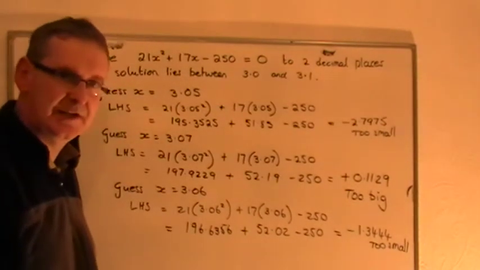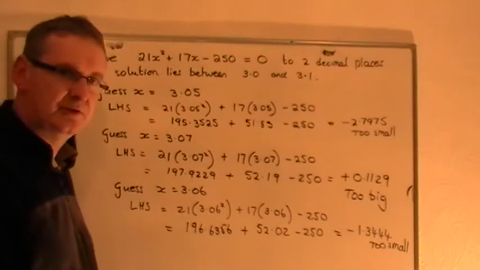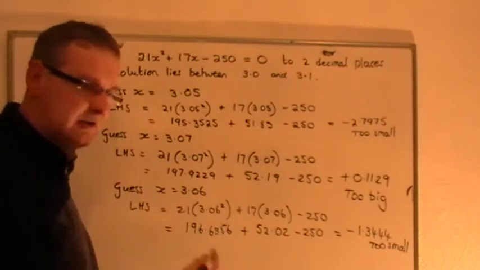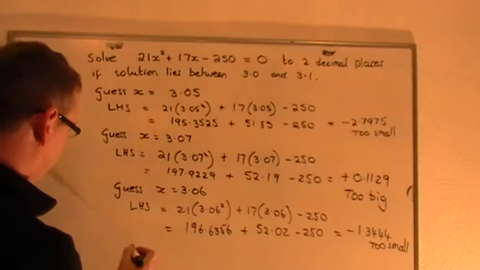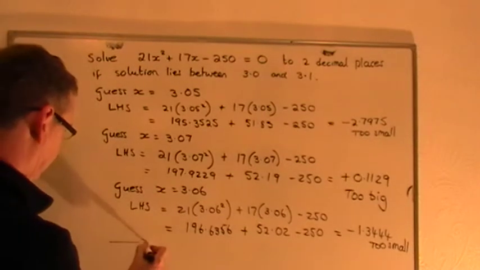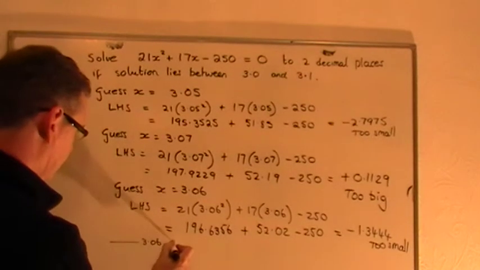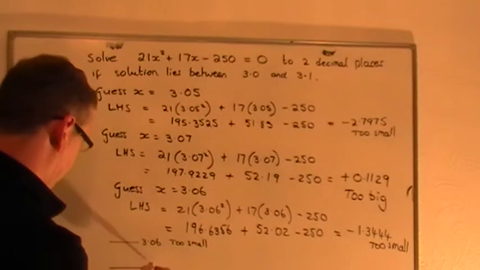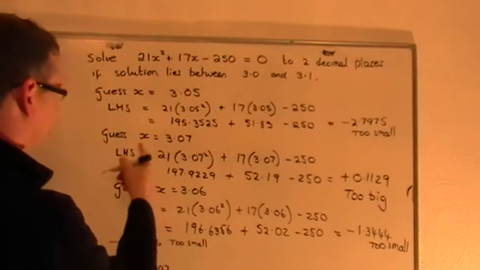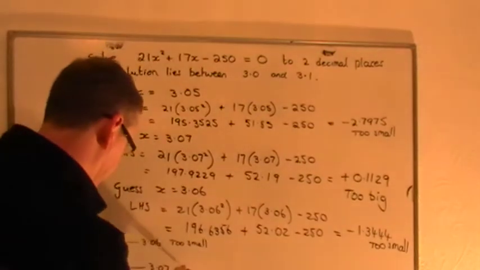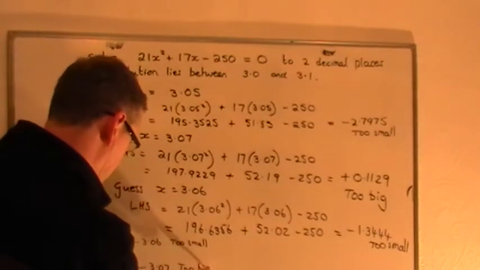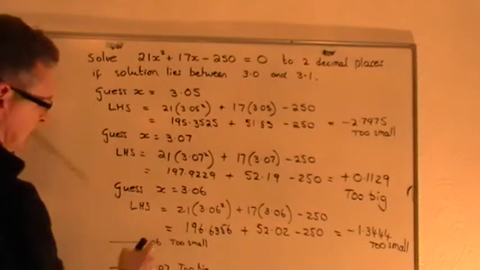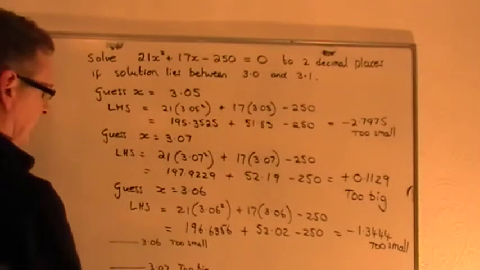But unfortunately, you can't just make that logical deduction like that. You have got to do this sort of thing. We know that 3.06 was too small. We know that 3.07, there it is, too big. I have to decide which one of those to 2 decimal places is the closest one.